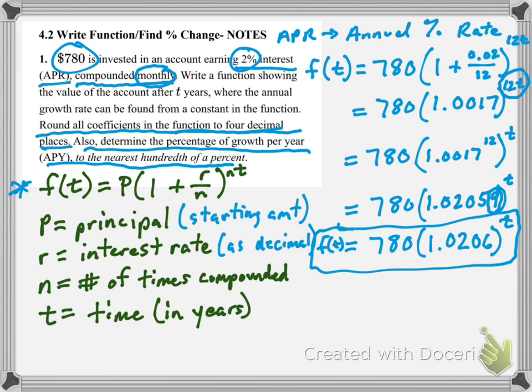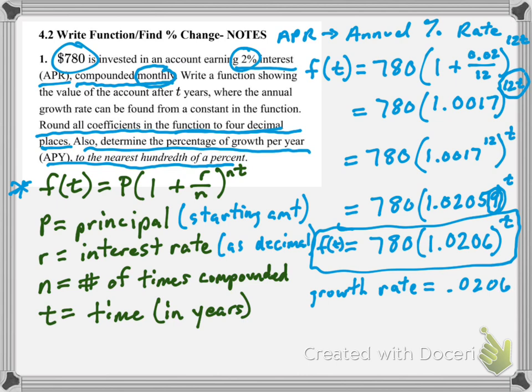Now they want to know the percent of growth per year. Well, here's a little trick of the trade. Okay? For these problems, compound interest, it's always going to be growth. Okay? So the growth rate is just what's the decimal. Forget the 1. Okay?